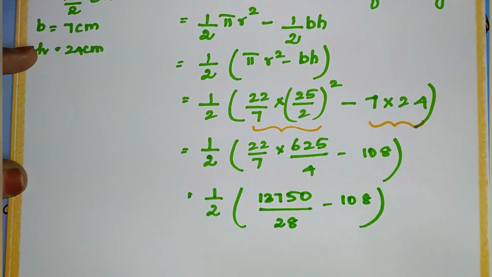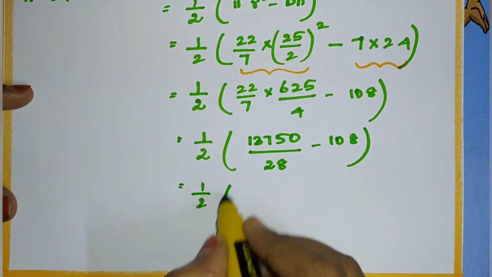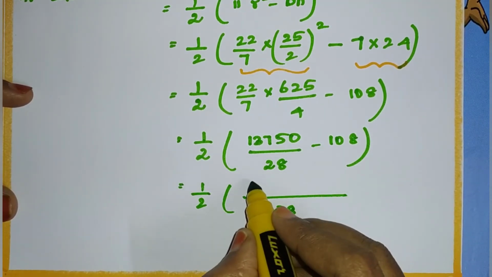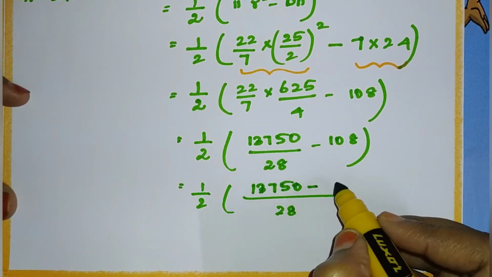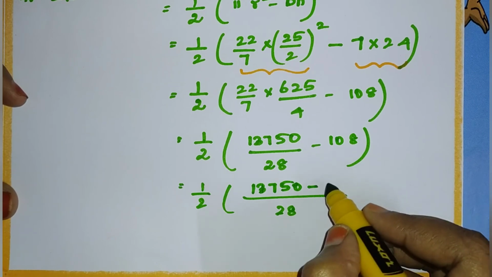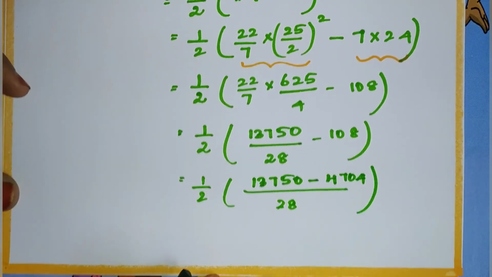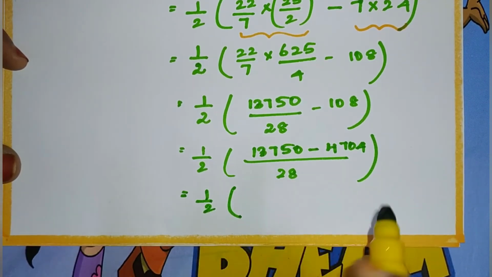Now take LCM. The LCM is 28. So what you will get? This one you have to write as it is. Minus 168 into 28 is 4,704. Okay, then simplify carefully.